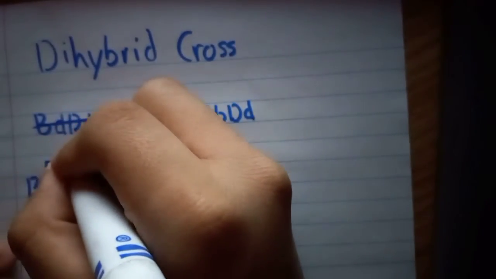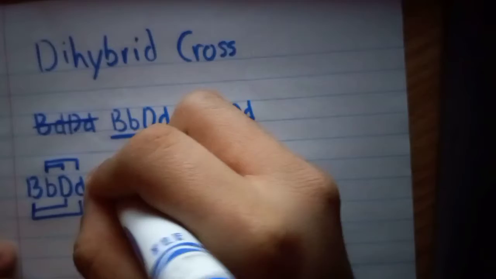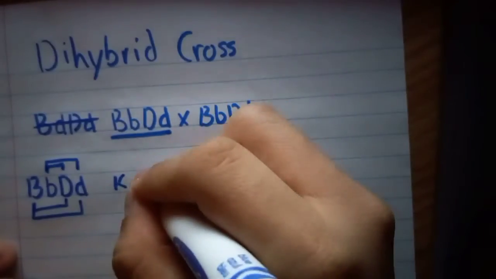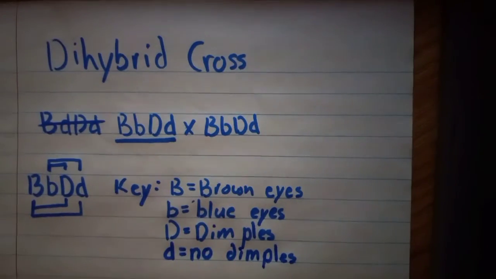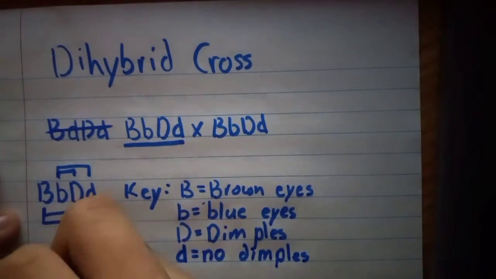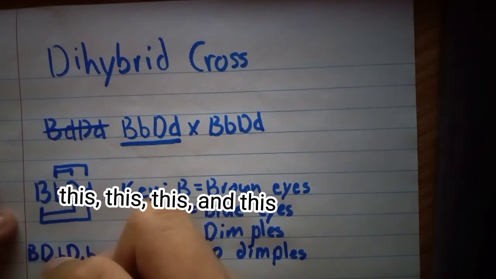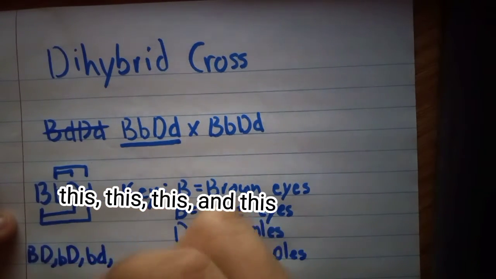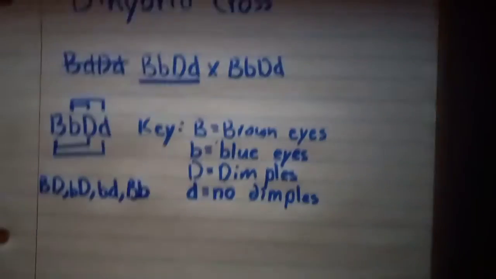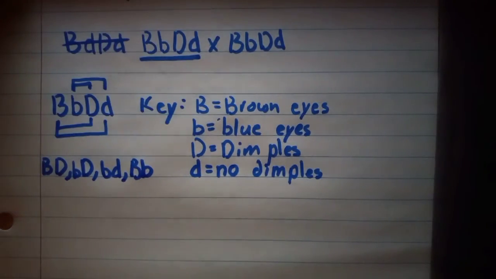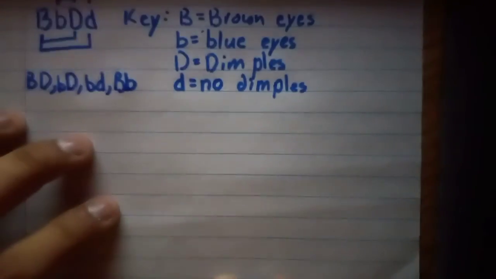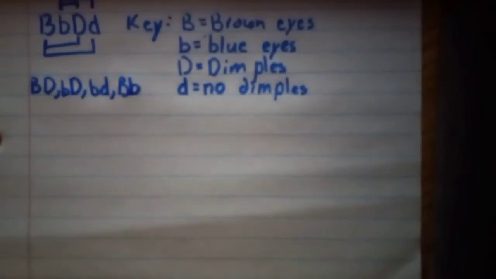And this will also be another one. And also, this will be the key for this lesson. Anyways, so here are the possibilities from here: this, this, this, and this. Okay, now we will move on to the actual dihybrid crossing with the Punnett square.